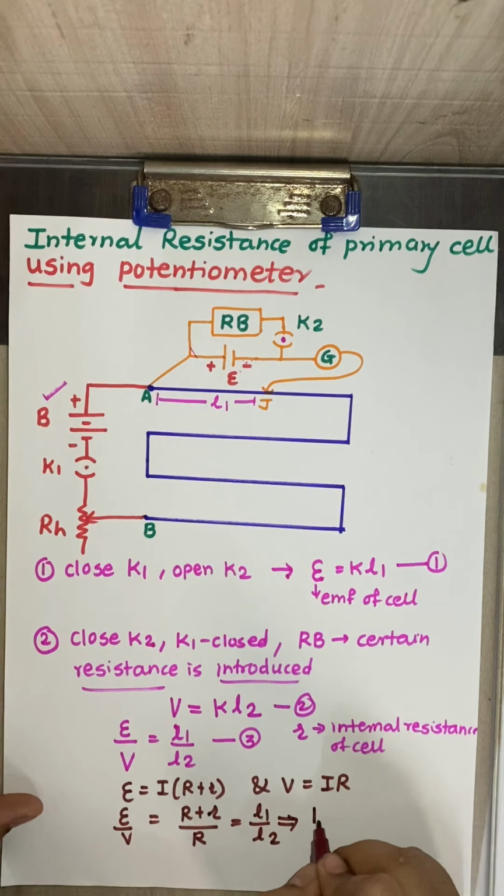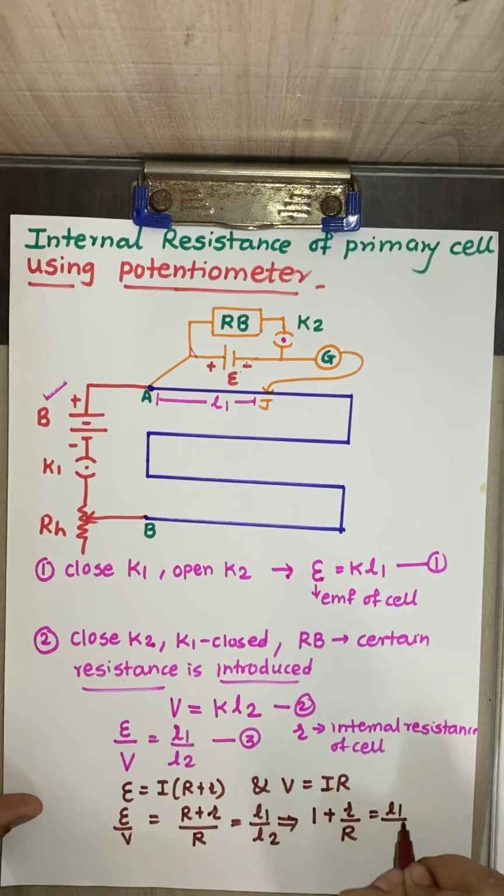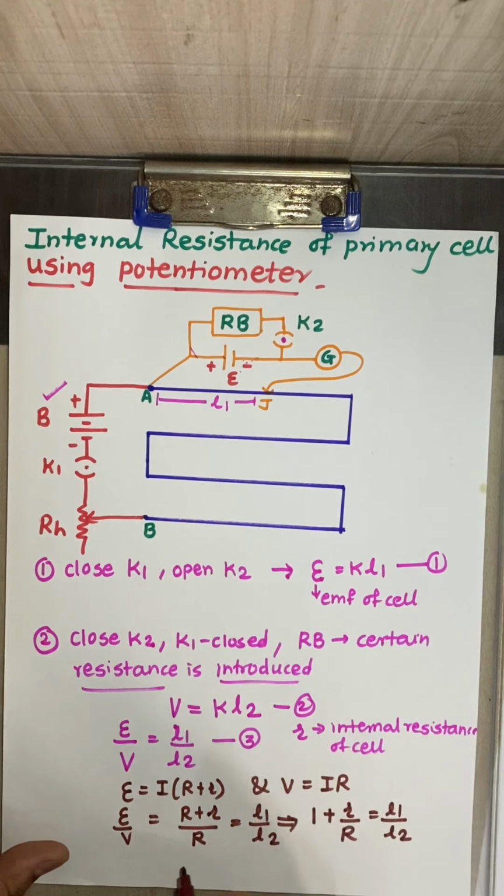We get 1 plus r by R is equal to L1 by L2. Now I will consider r by R, capital R, is equal to L1 by L2 minus 1.